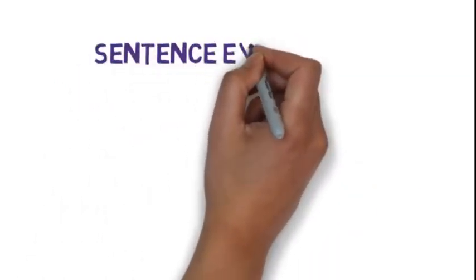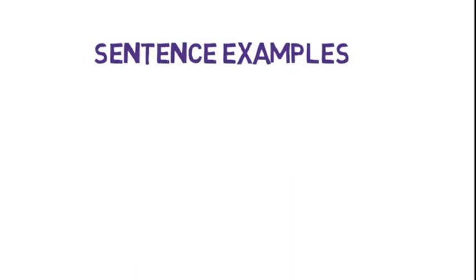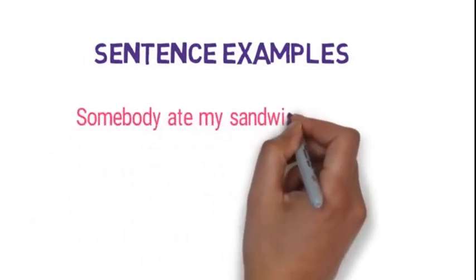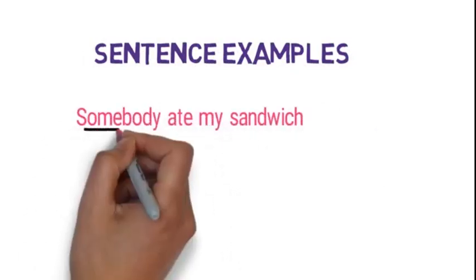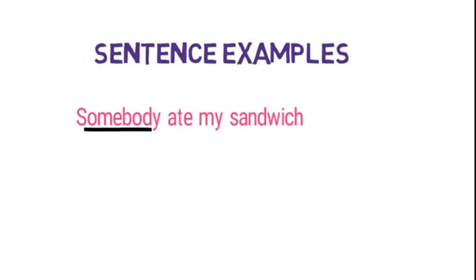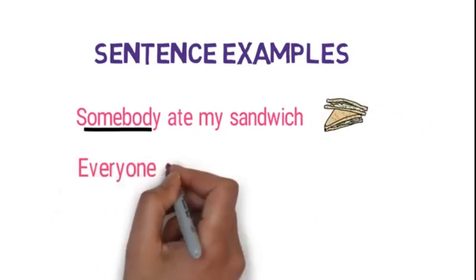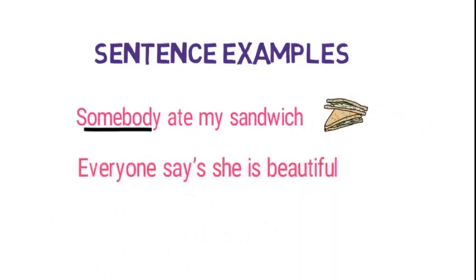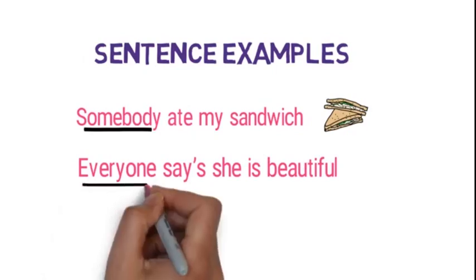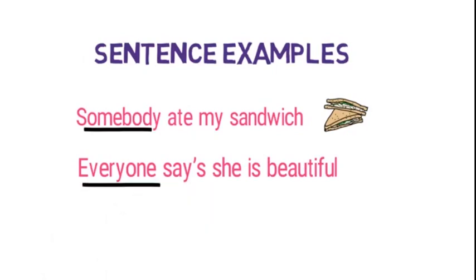Now let's look into the sentence examples of them. Somebody ate my sandwich. Here, somebody is an indefinite pronoun as no one knows the exact person who ate the sandwich. Everyone says she is beautiful. Here, everyone is an indefinite pronoun as no one knows the exact person.